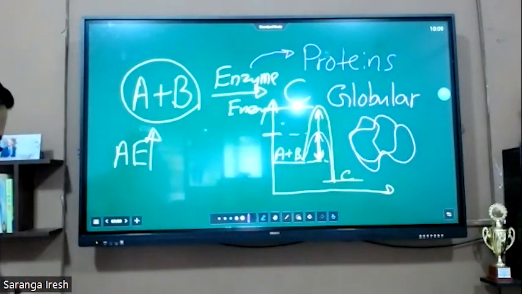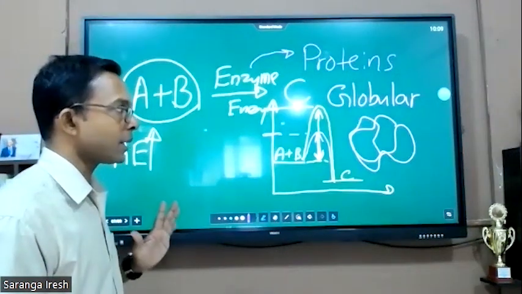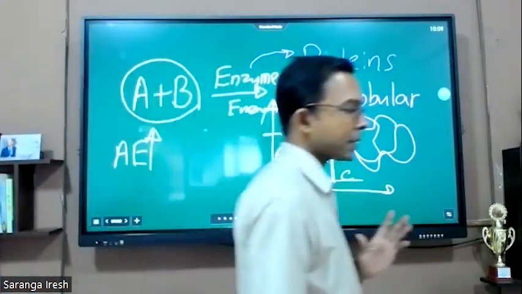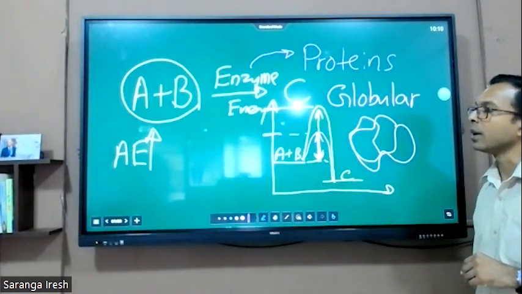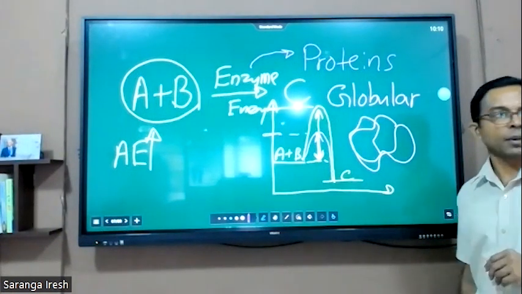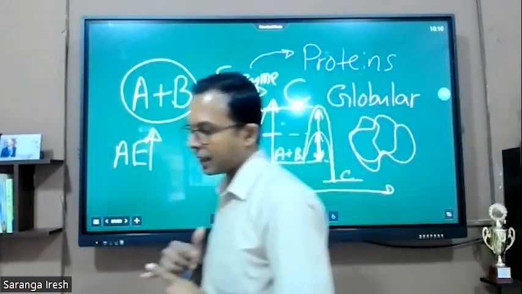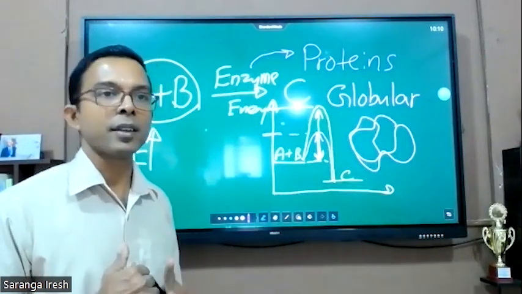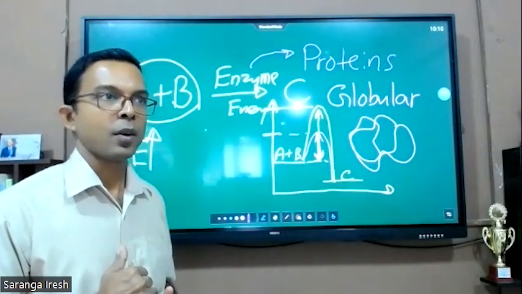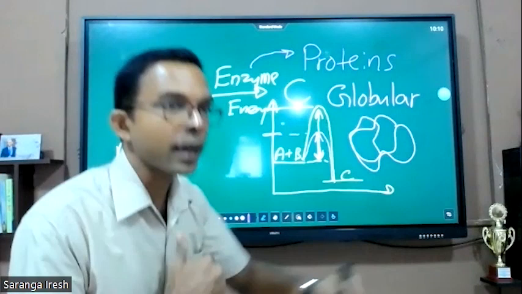Now, those are the general facts about enzymes. Then we will see how enzymes get activated or activate another molecule. So what are the major facts I discussed? Enzymes are biological catalysts. Why are enzymes involved there? To speed up the reaction.